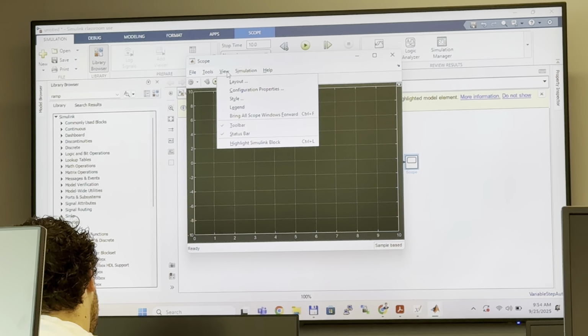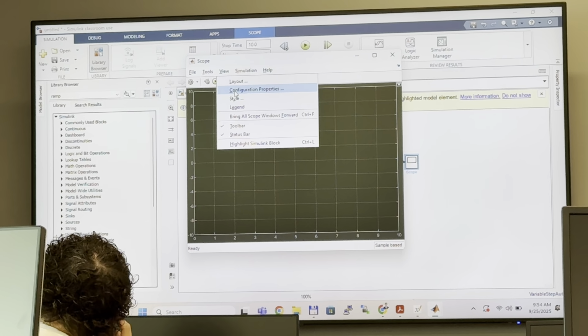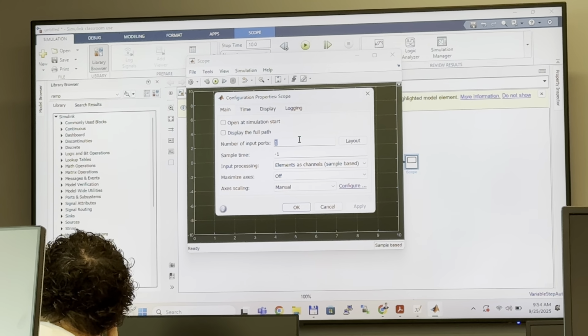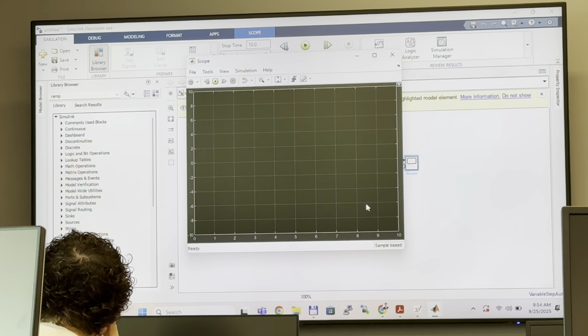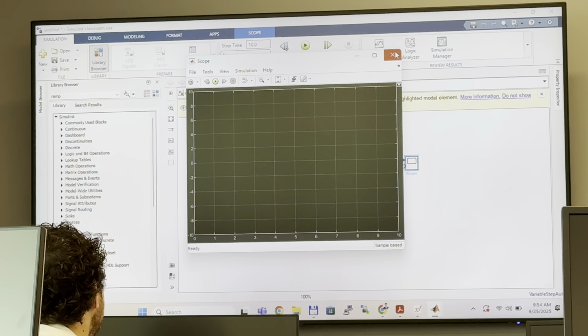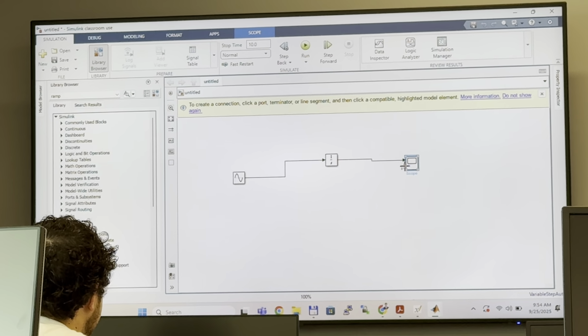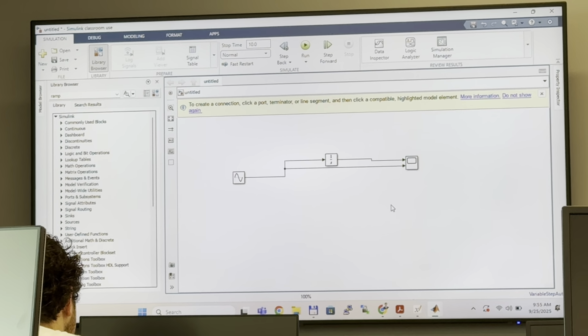Here, configuration properties, number of input ports, let's say 2 here. So I connect input and output together, you can see here. This is my input, and this is the integrated output.